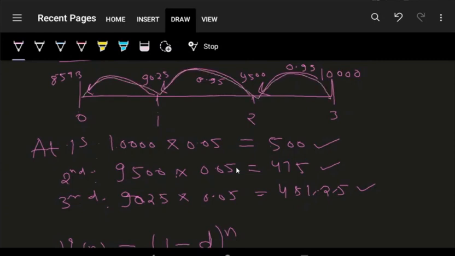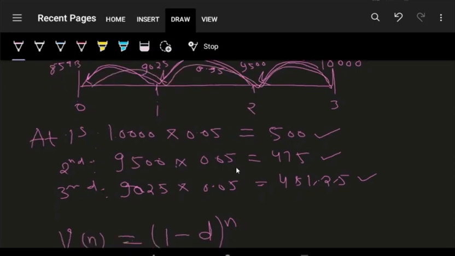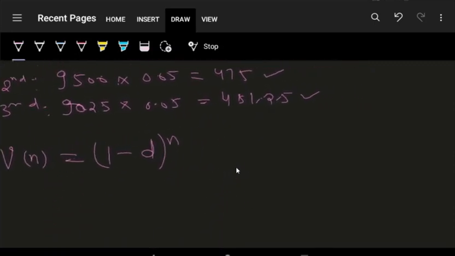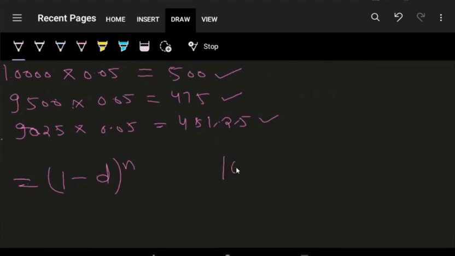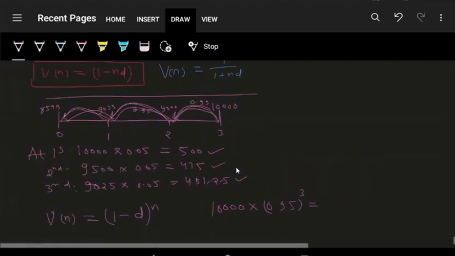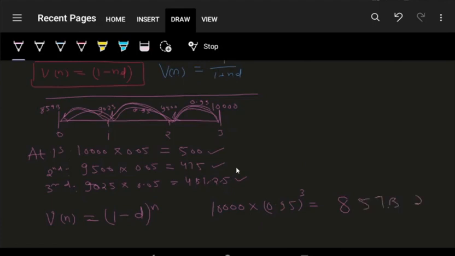And since we did it 3 times, we can directly calculate this amount as 0.95 cube. It will be the same amount, 8,573.25. This is the same amount as this one.